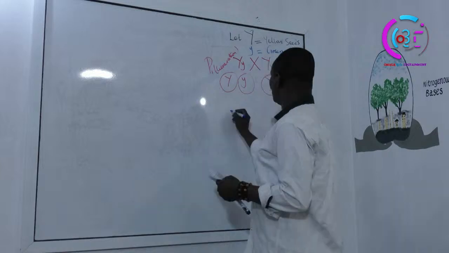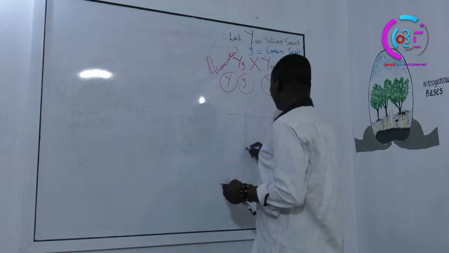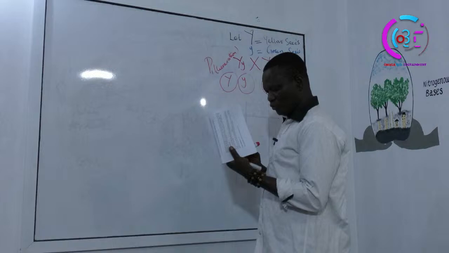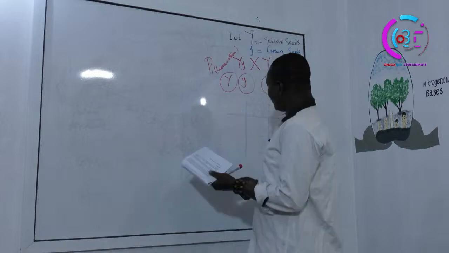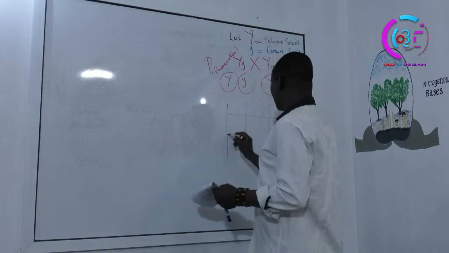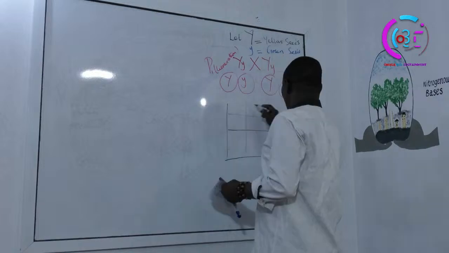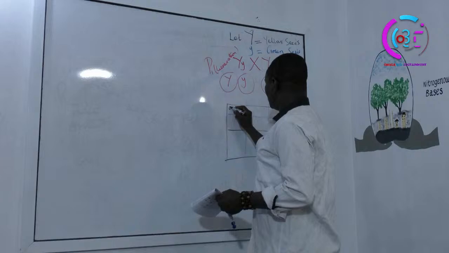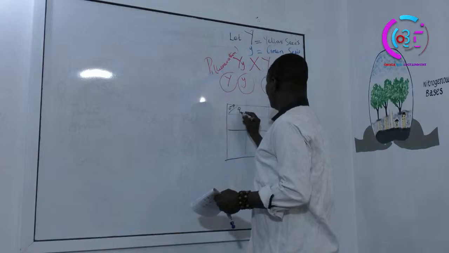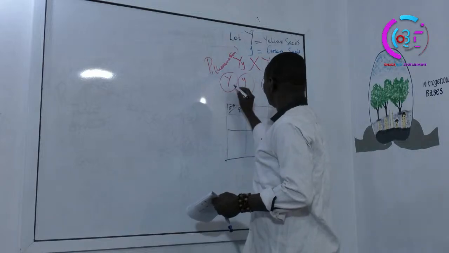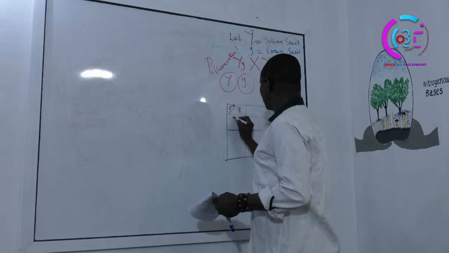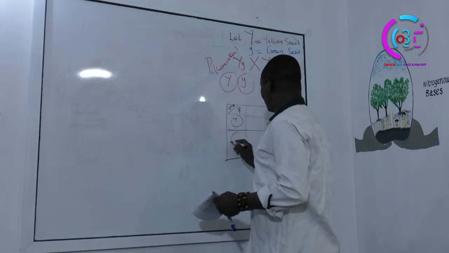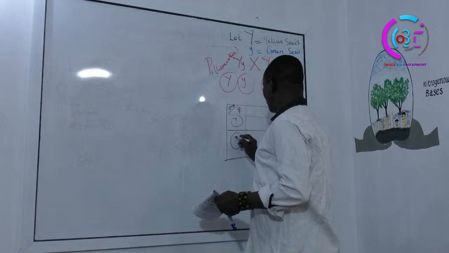Okay. So if you now use a Punnett square for that, don't forget that this is going to be the male gamete, and this. So this one, let it be like this. Then this one too, let it be like this.